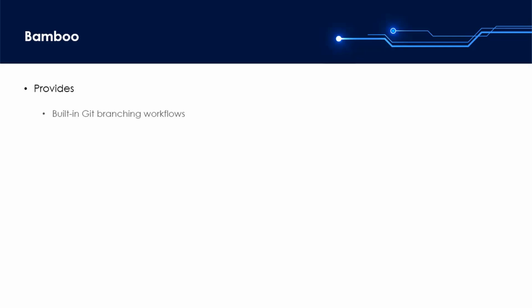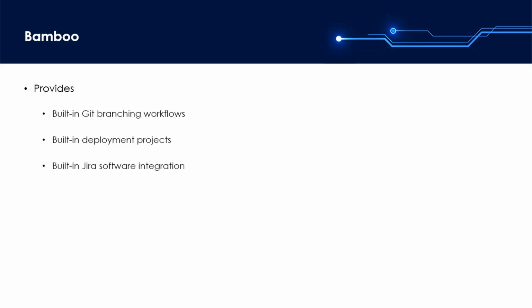For example, it provides built-in Git branching workflows that help developers to automatically detect, build, test, and merge branches in order to deploy codes continuously to production. It provides built-in deployment projects that we can use to provision continuous flow of builds to test environments and automatically release builds.